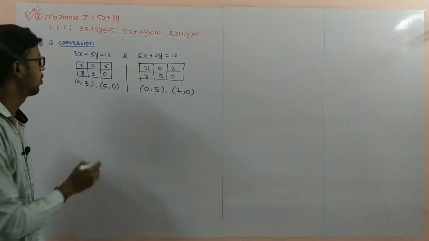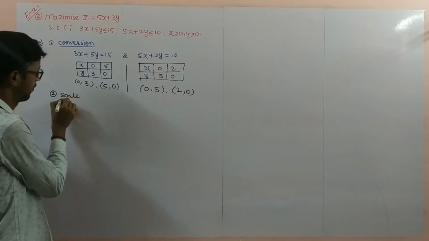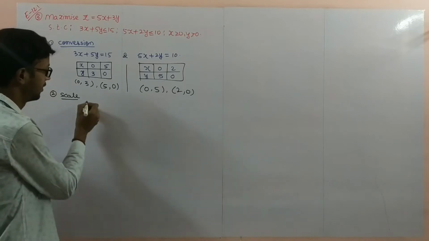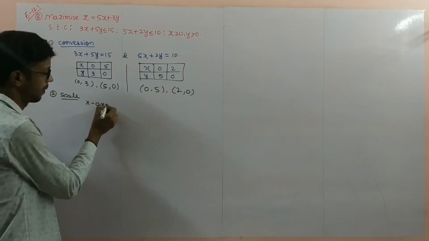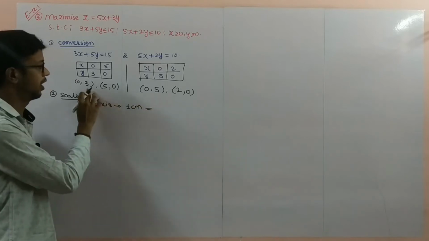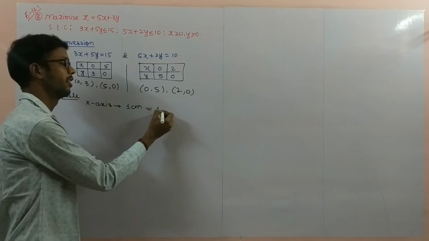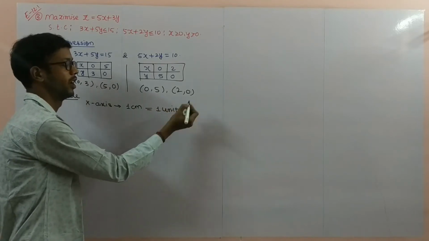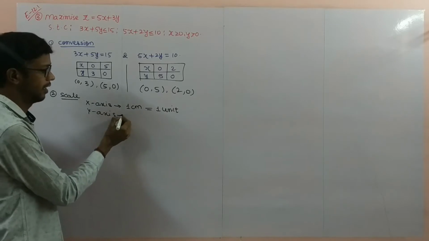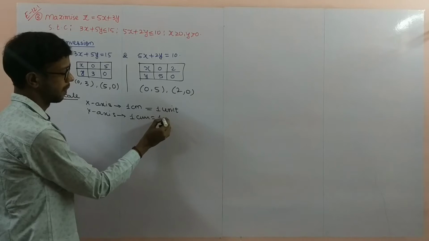Next, we have to write down the scale. Second point, scale. On the x-axis, 1 centimeter equal to 1 unit, because you can see the numbers are very small. Next, on the y-axis, 1 centimeter equal to 1 unit.